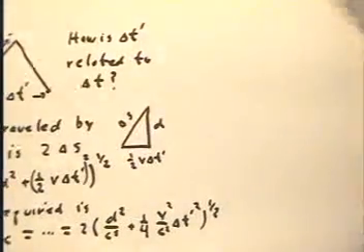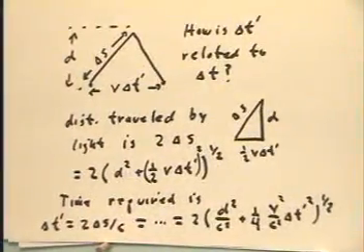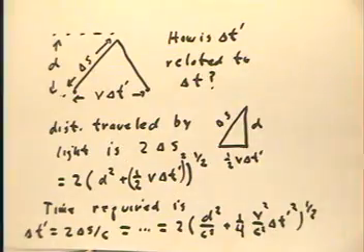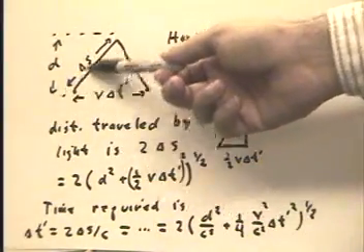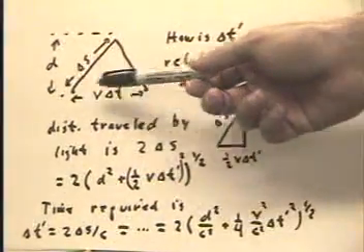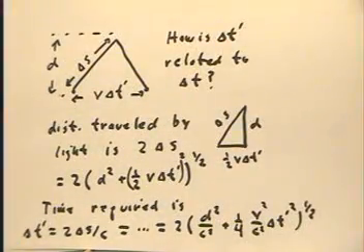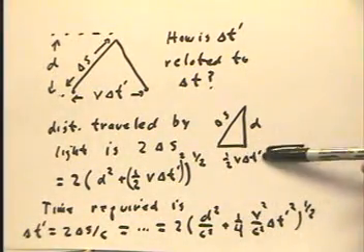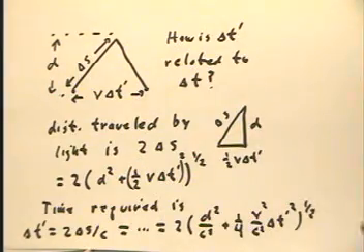If we look at the geometry of the situation, we see that if we have a distance delta s along here, a distance v delta t prime here, and a distance d here, then delta s will be the hypotenuse of a right triangle whose legs are 1/2 v delta t prime and d.